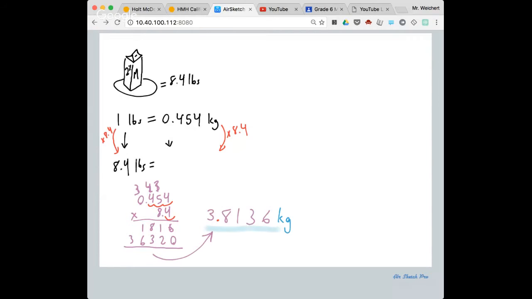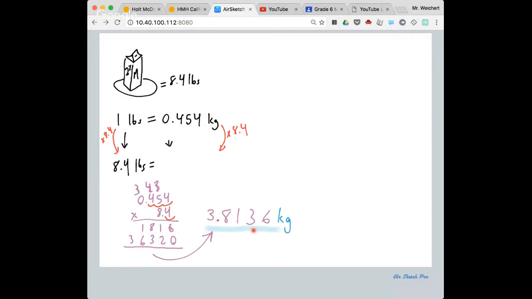If we look back to our problem, we just wanted to go from pounds. We had this milk that weighs 8.4 pounds, but we want to know what it is in kilograms. So we needed to go to our conversion table and figure out how many kilograms one pound is equivalent to. So we found that, and we multiplied. We changed this to 8.4.